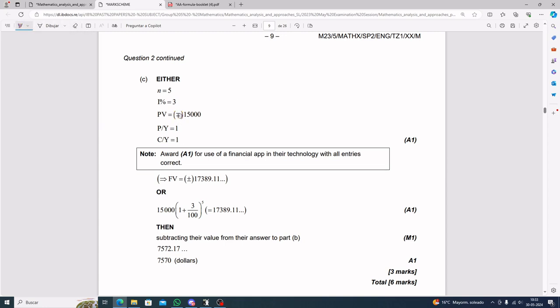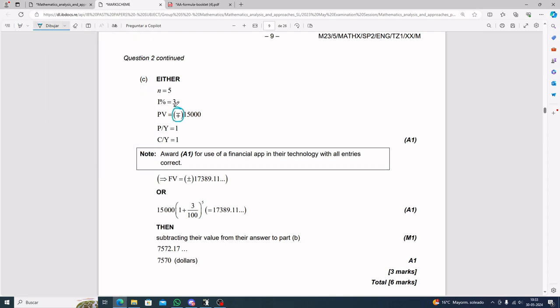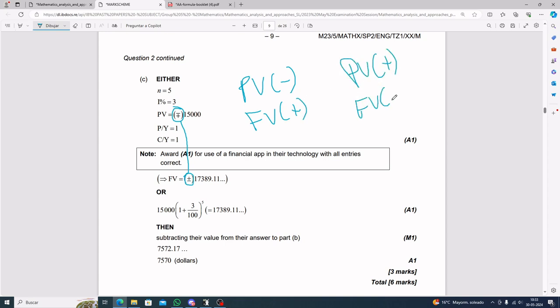It shows up here, and it also shows up here for FV, right? Because they're inverted versions of each other, it says you either put a negative PV and a positive FV, which is what I suggest, or you put a positive PV and a negative FV into the finance app for this to work, right?